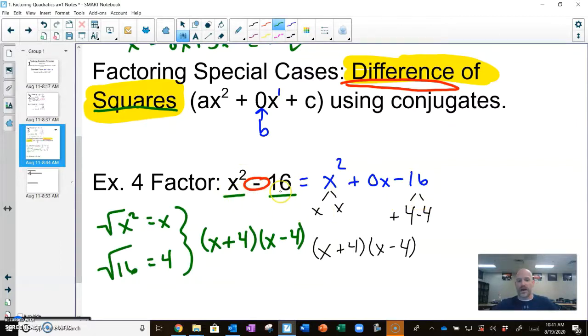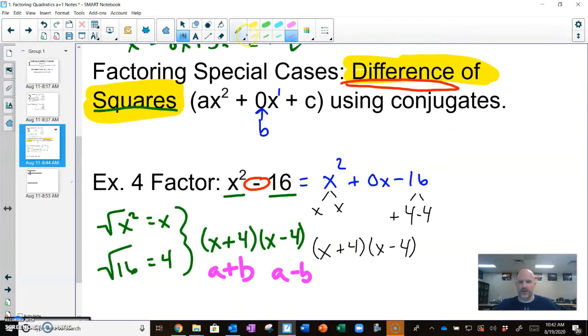We can also use this pattern of difference of squares and realize that if it's a difference, and you can take the square root of the first term and the square root of the second term, then we can express it as this square root plus this square root times this square root minus this square root. It's always going to have that opposite pattern. Hopefully, you also look at that relationship and see something familiar, because it looks to me like we have a plus b and then a minus b.